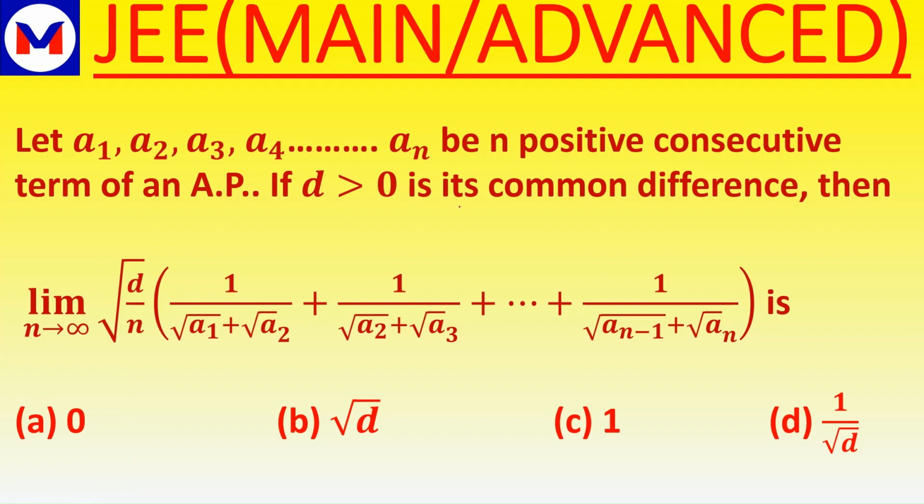If d greater than 0 is its common difference, then the limit as n tends to infinity of square root of d upon n into [1 upon (square root of a1 plus square root of a2) plus 1 upon (square root of a2 plus square root of a3) plus ... plus 1 upon (square root of a(n-1) plus square root of an)] is among these four options, which one will be correct. Let's see the solution.